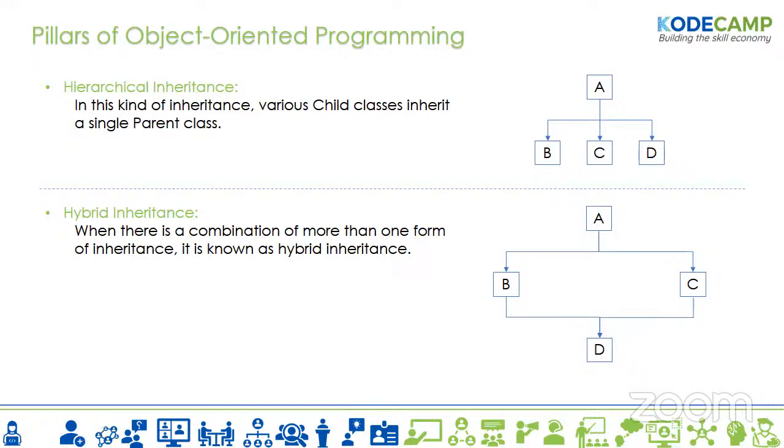This is just a simplistic way of trying to represent it. So let's say, for example, A is the parent class, and B has inherited some properties from A. C has inherited some properties and methods from A, and they've added their own new methods to it.